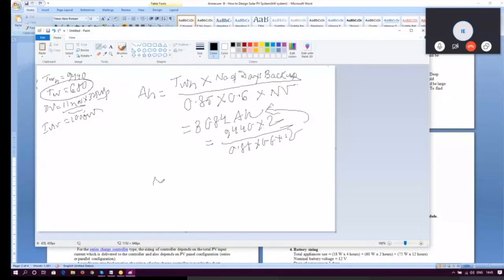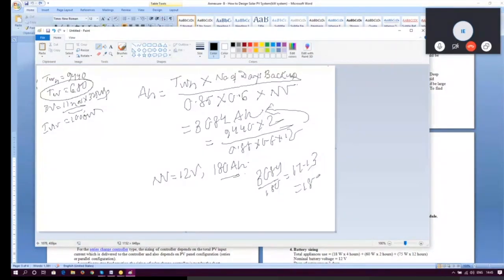Now we know that we have taken a nominal voltage of 12 for a battery, and for example, we are taking a 180 ampere hour battery, right? First we are choosing a 180 ampere hour. So we are going to divide 3084 by 180, and it will come as 17.13.